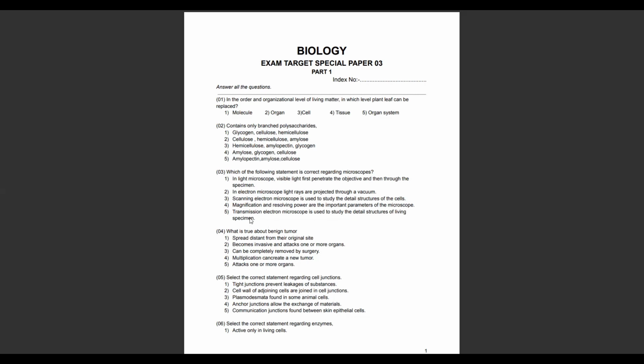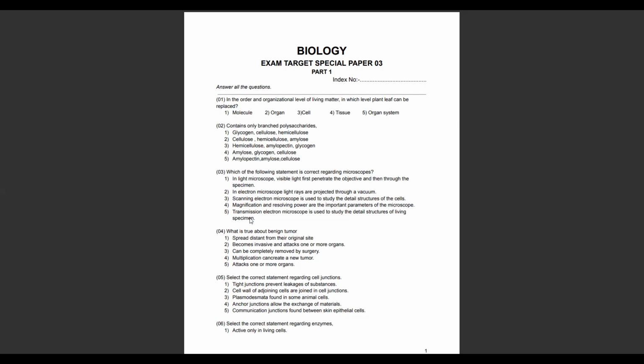Look at the fifth answer. The transmission electron microscope is used to study the detailed structure of living specimens. Yes, we can use the transmission electron microscope to study the detailed structures of cells, but not living ones. In the electron microscope, we have to keep the specimen in a vacuum, so we can't use living specimens.